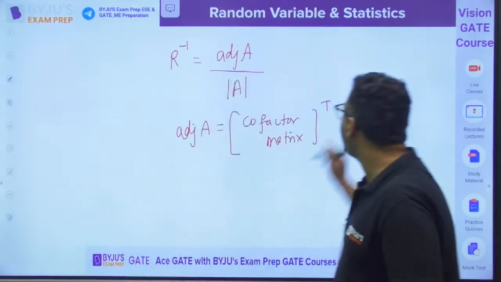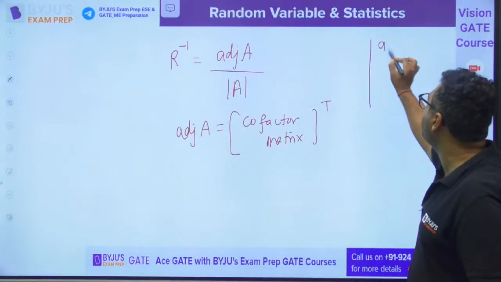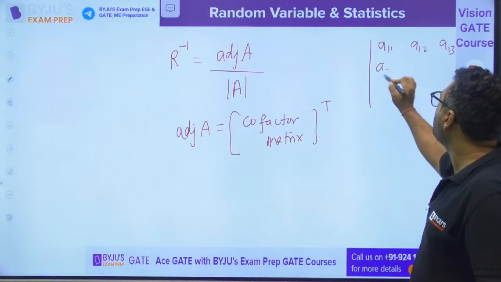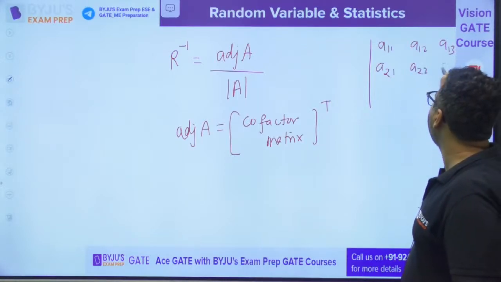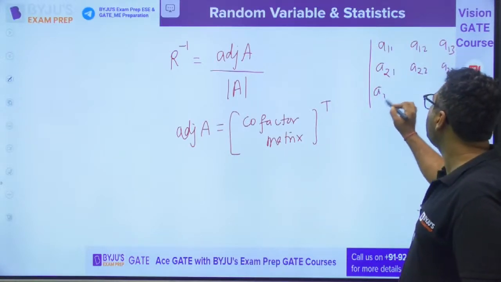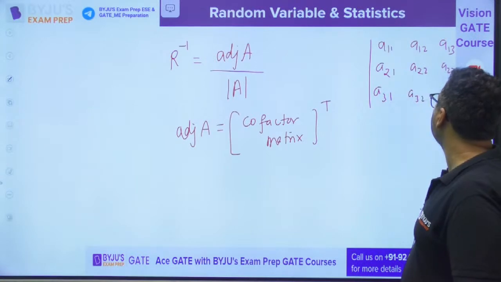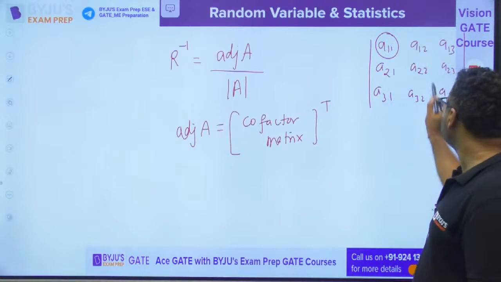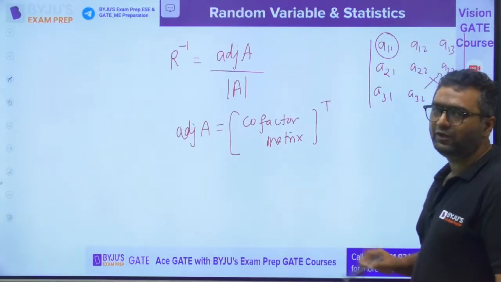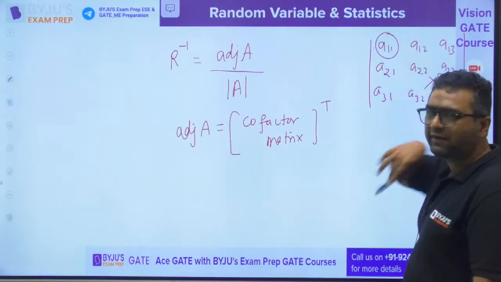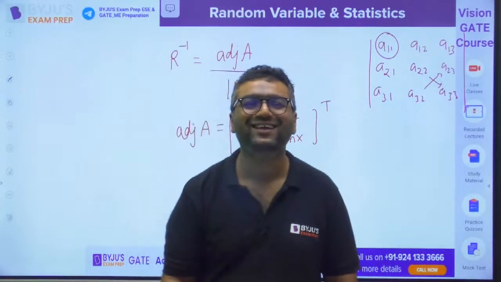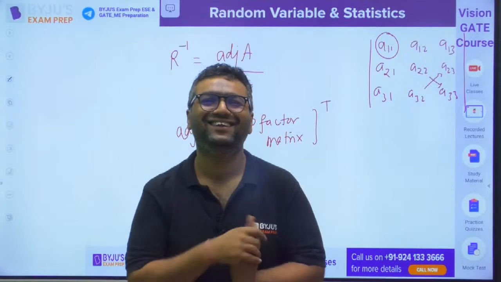When you find out the determinant, like this is A11, A12, A13, A21, A22, A23, then A31, A32, A33. So when you are finding out the cofactor of this, it is simply this minus this. When you find out determinant, then you will multiply with this, na? Arey bhai, do I have to teach the whole matrix?